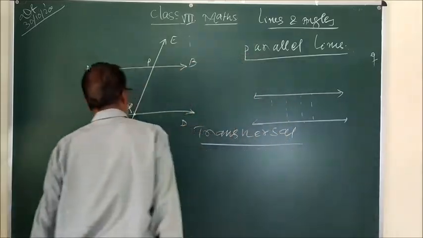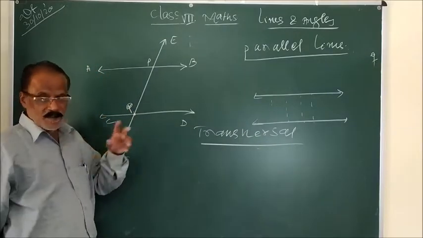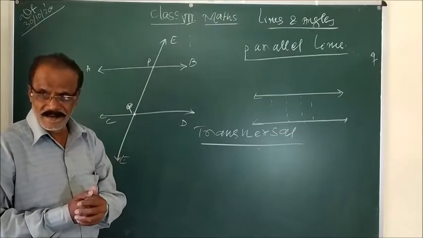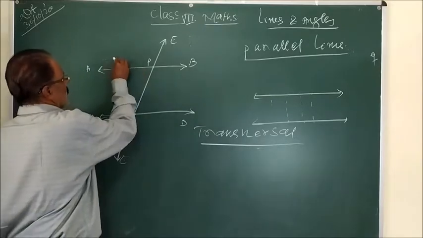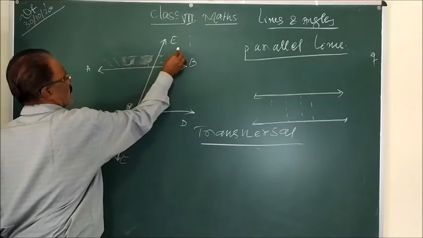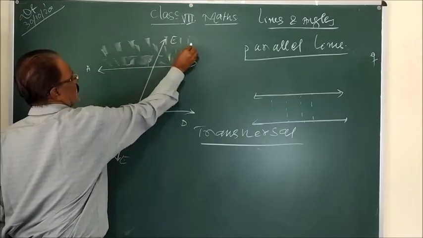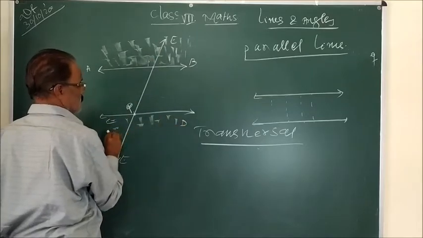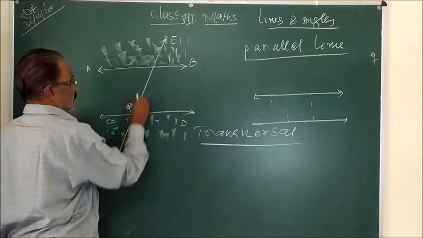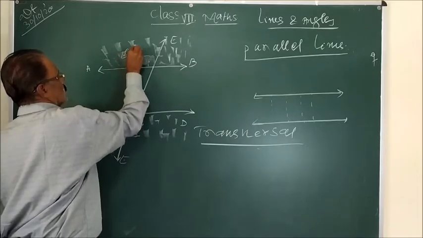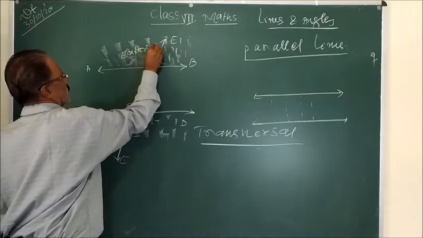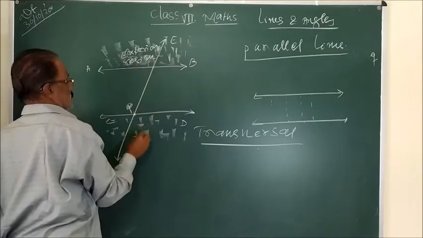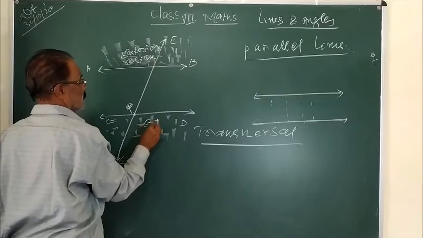Now you see how many angles are formed when two parallel lines are cut by a transversal. You see, these are the exterior region. Exterior means the outside, you can understand. So these are exterior regions. This is also an exterior region.